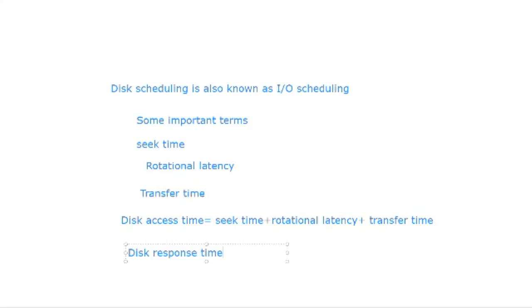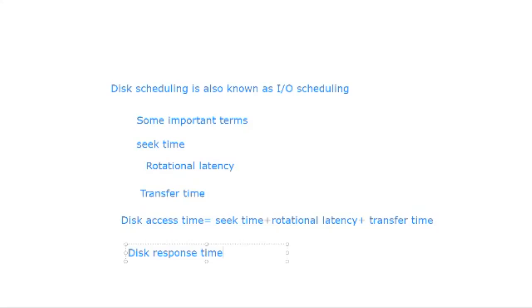Whenever you write a big program, suppose actually in lab you always write very small programs which get executed, but suppose you have written a big program and its calculation requires a minimum amount of time. Okay, that is disk response time, and always the disk scheduling algorithm that gives minimum variance in response time is better.